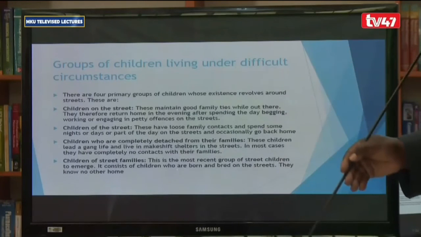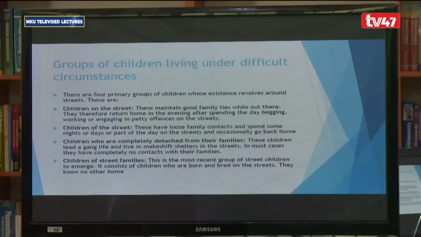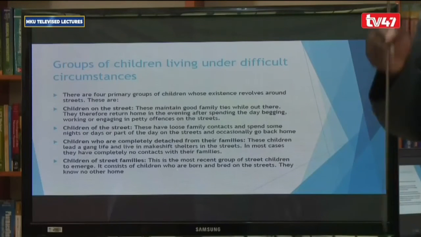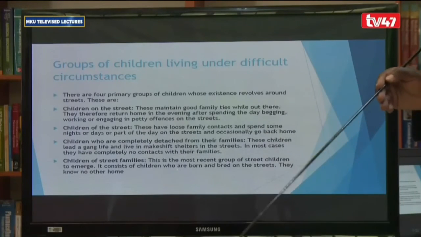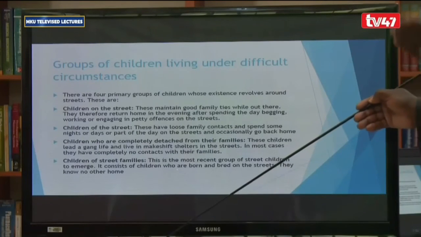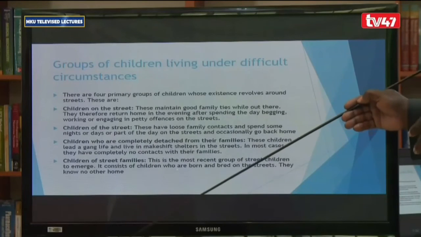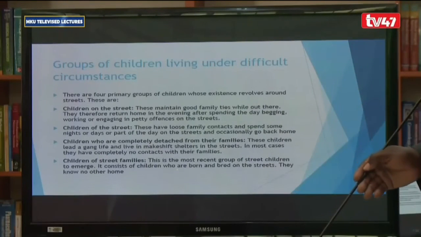Those are the ones which we call children of the street. And then the third category are children who are completely detached from their families. And these children we find them in the streets there. These children of the streets, who are completely detached, are staying there in the streets with the other children. And then the last one is children of the street families.